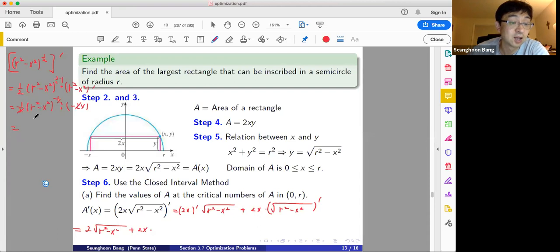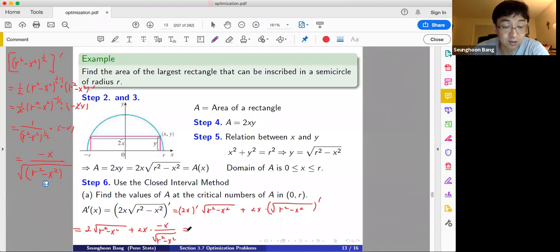You can change it to a positive exponent: (r squared minus x squared) to the power 1/2 in the denominator, times negative x. So we have negative x over the square root of r squared minus x squared.